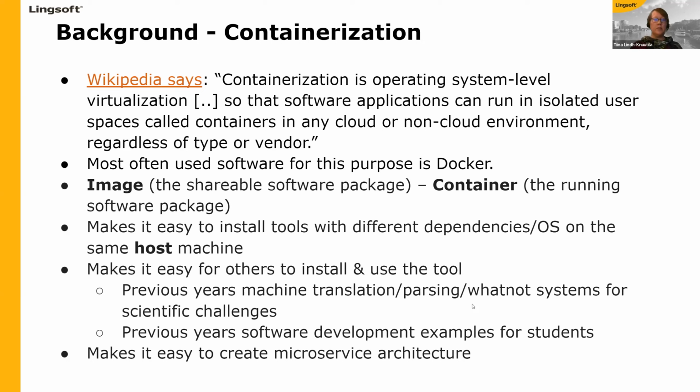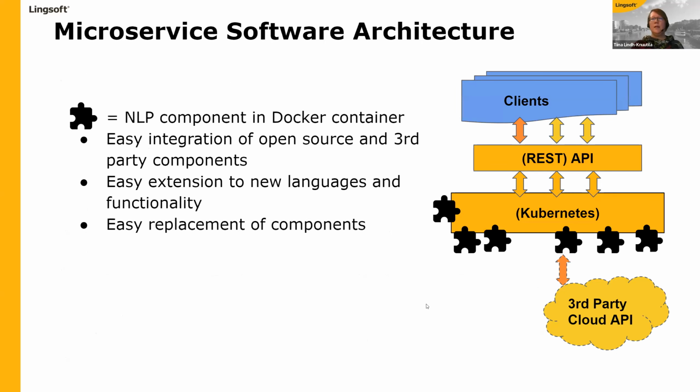And then in addition, it also makes it easy to create microservice architectures. So basically here, the puzzle pieces would be these NLP components in a Docker container. Then you plug in an API that sorts out the input and output in a standardized way. And then the clients can use this.